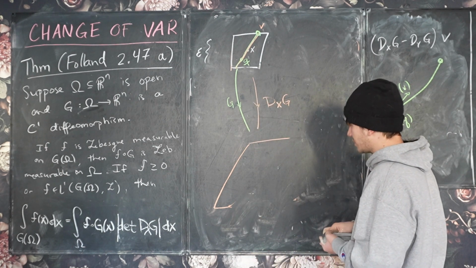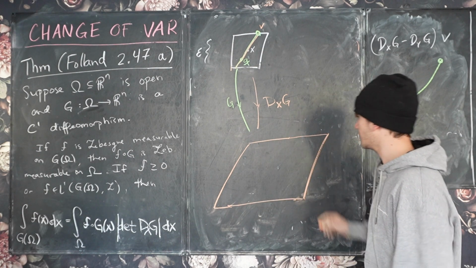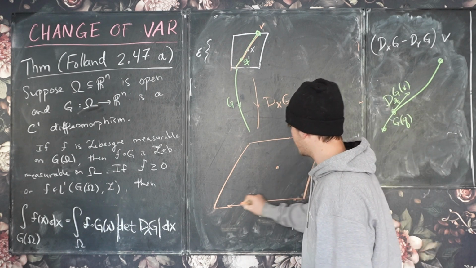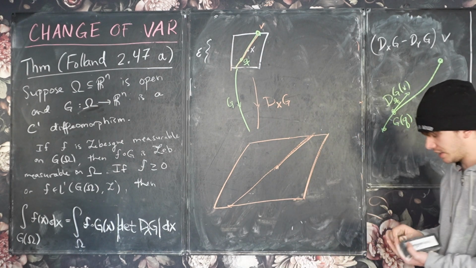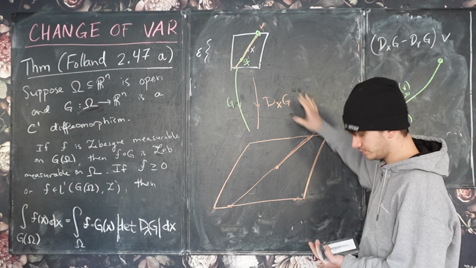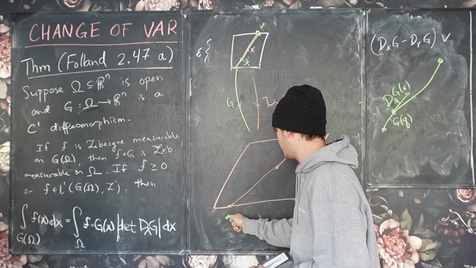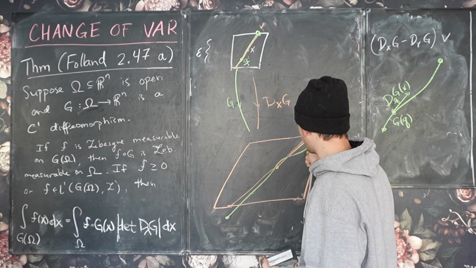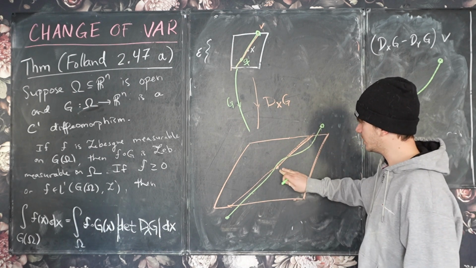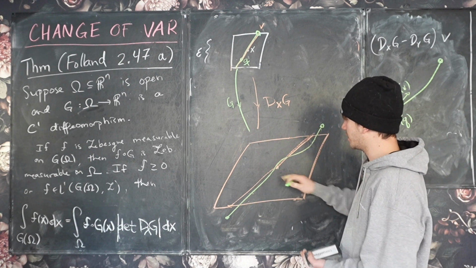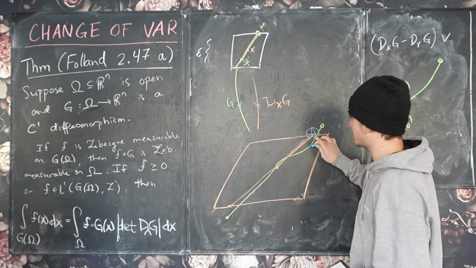Okay, so in summary, this is the most important and most difficult part of the proof. Basically, we have taken this parallelepiped, which is the image under the differential map, and then we've argued that the true curve, which is the image under G, has a tangent vector which always belongs to essentially this sphere.